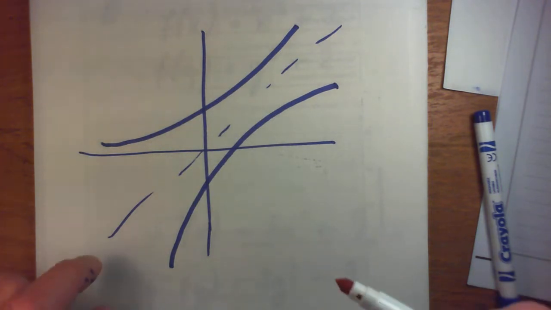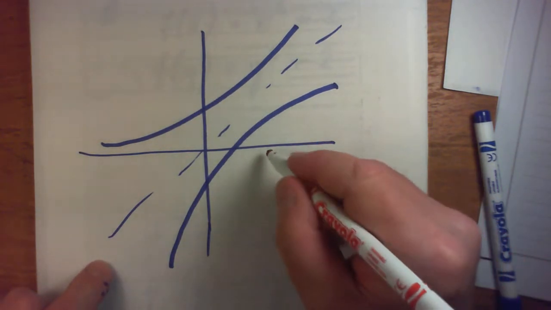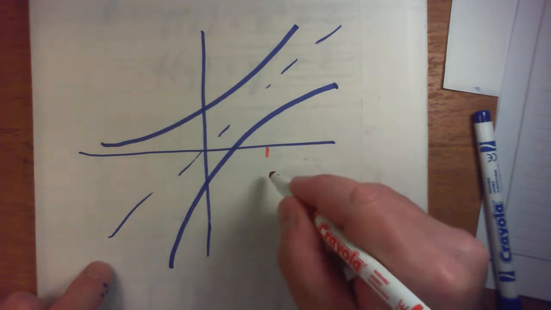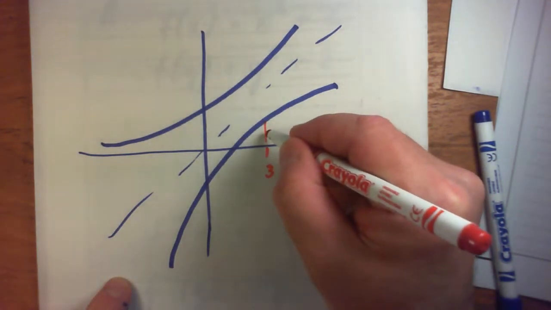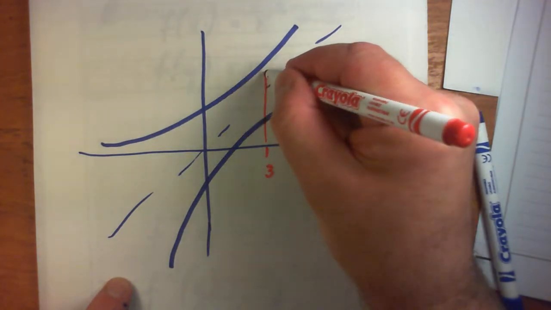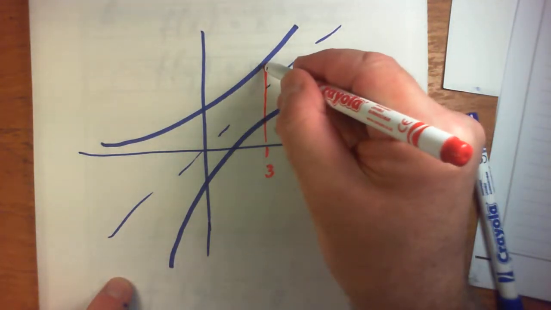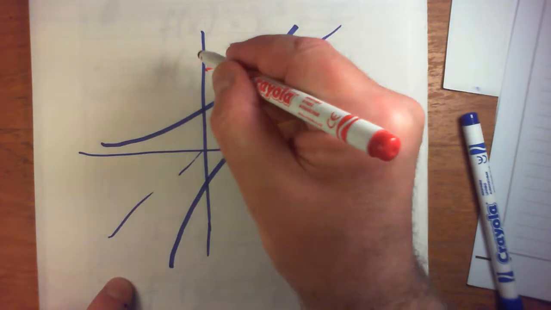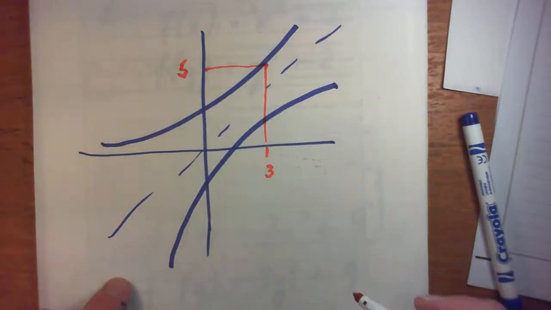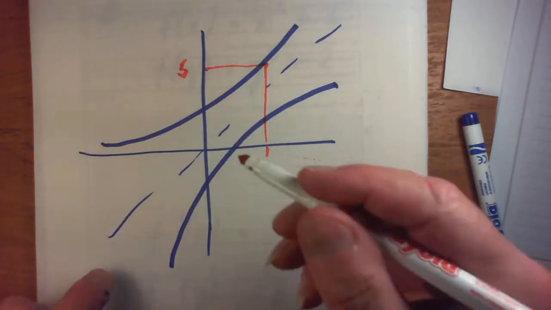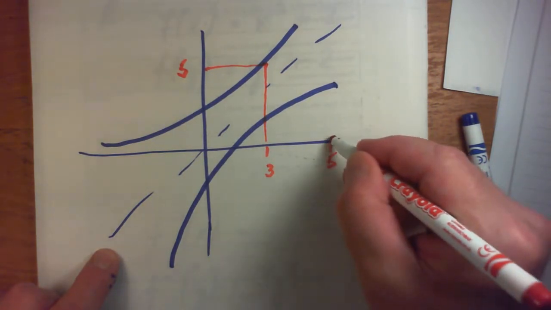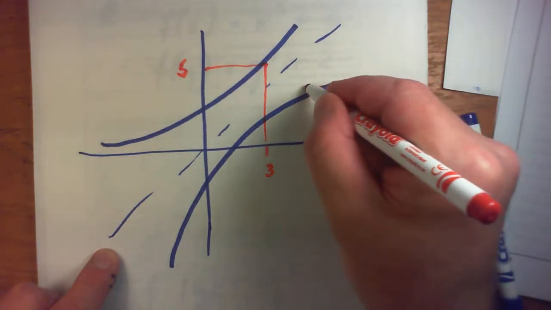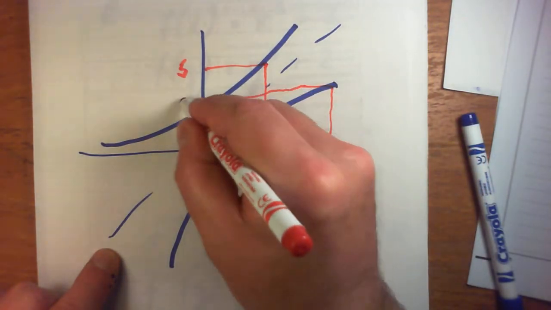You can imagine that, say, I put in 3, and I map that onto this function here, and say that maps onto 5 or something. Then if I take that 5 and map it onto the inverse function, what should come out is 3.